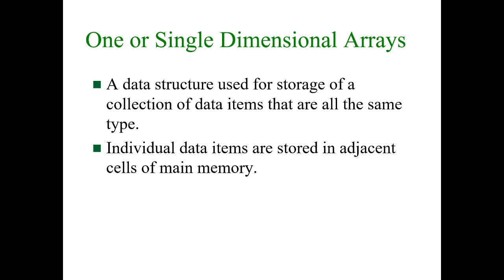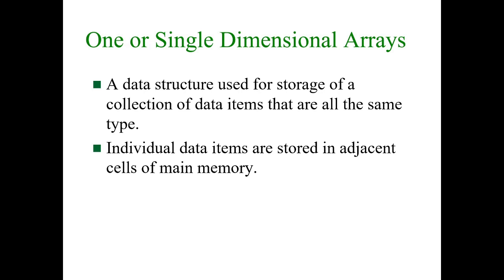First lesson in arrays, of course, we will be starting with the basics. The first basic thing about arrays is what we call the one or single dimensional array. It is a data structure used for storage of a collection of data items that are all the same type.